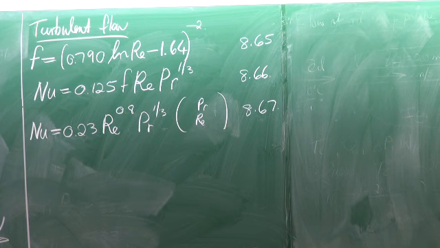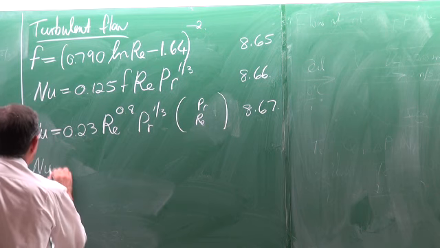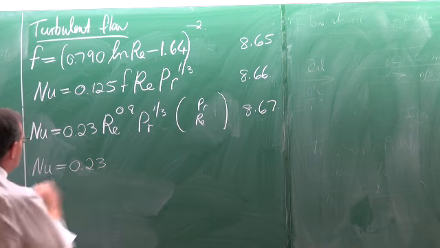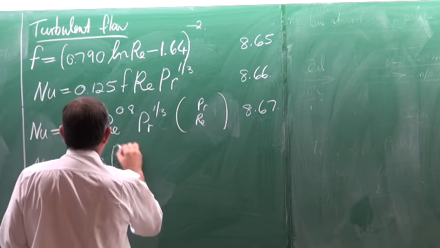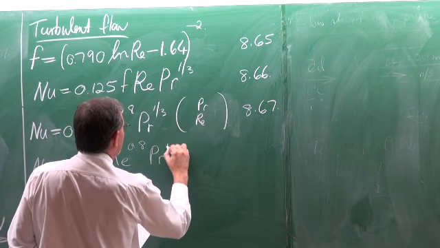Okay. The next one is called the Dittus-Boelter equation. Dittus-Boelter means the people that worked on the equation were Dittus and Boelter. Okay, so the Dittus-Boelter equation is actually a very nice equation to work with, especially if you're in a hurry. Nusselt number is equal to 0.23 multiplied by Reynolds to the 0.8, Prandtl to the n.